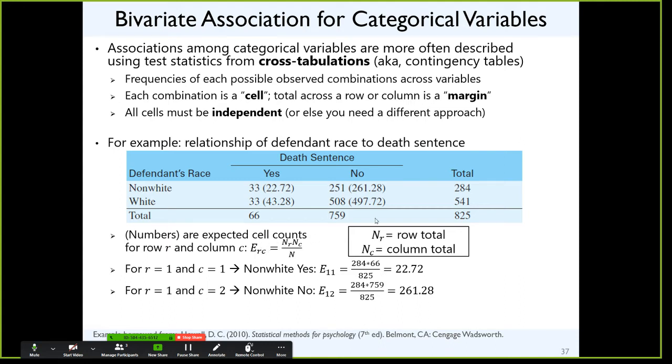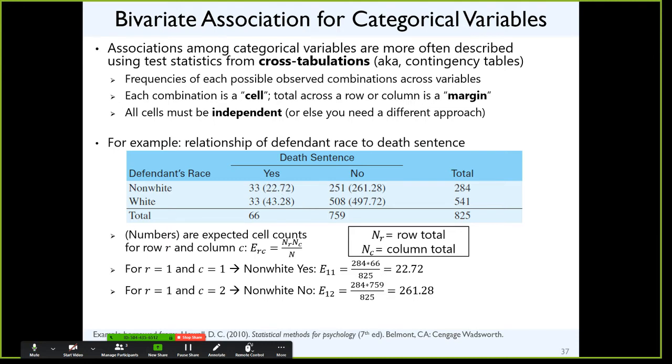It's the number of people in the row times the number in the column. So for instance, if I'm trying to recreate this 22 right here, I have 284 people in this row of non-white people. I have 66 people in this column of people who got the death sentence. If I divide by the total number of people that I'm talking about here, which is 825, I get an expected count of 22 people in this cell.